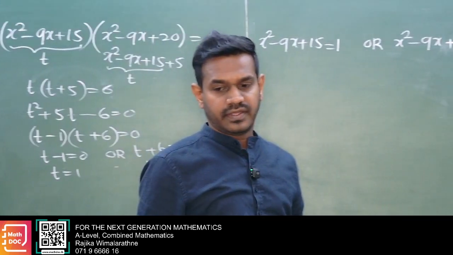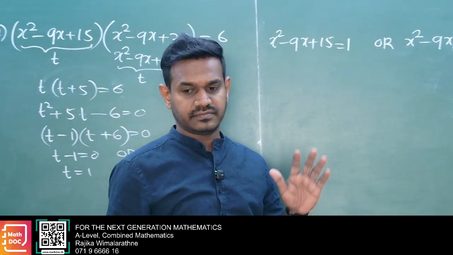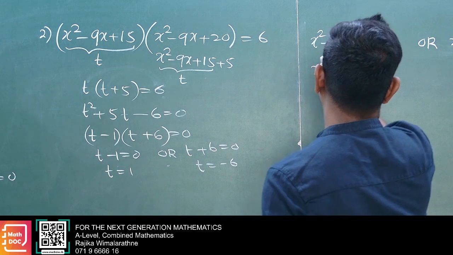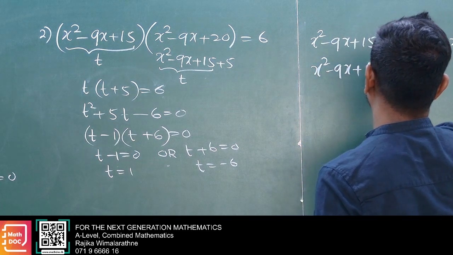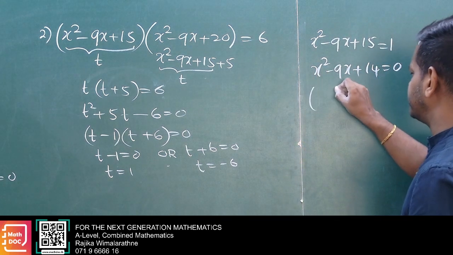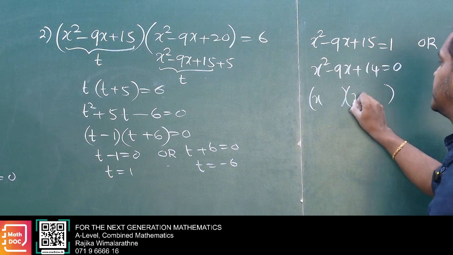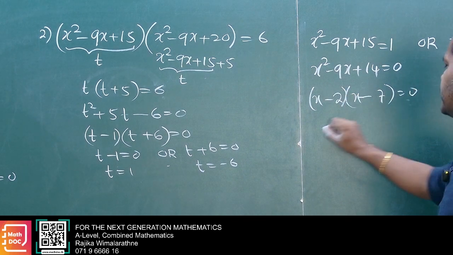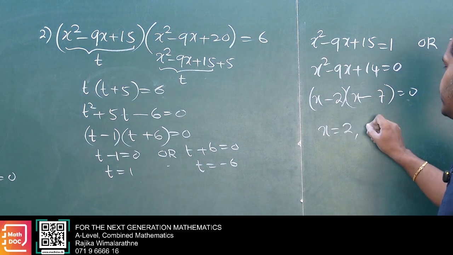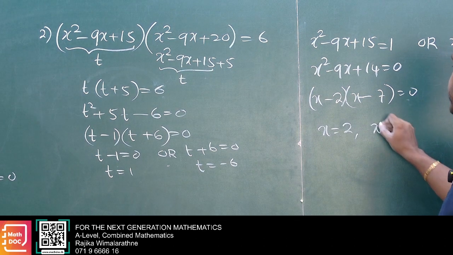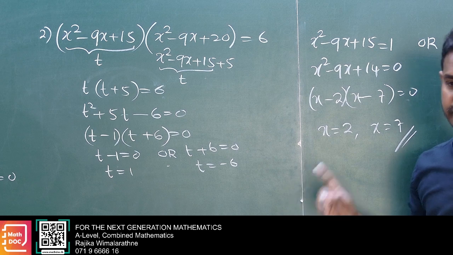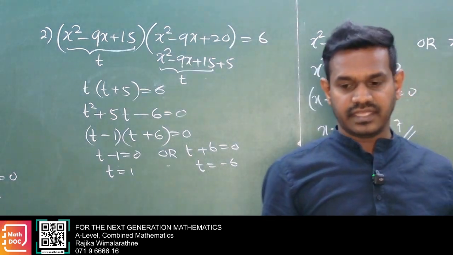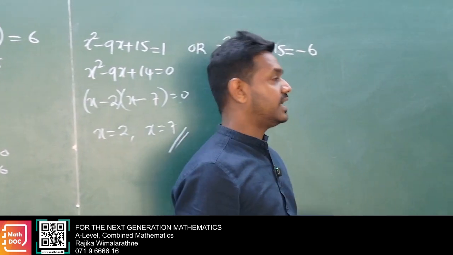Okay, then solve them. Continue. x square minus 9x plus 14 equals 0, we have factors here: (x minus 2)(x minus 7) equals 0, x equals 2, x equals 7. We have two solutions for that. And further we have another quadratic, then you can get the solution for that.